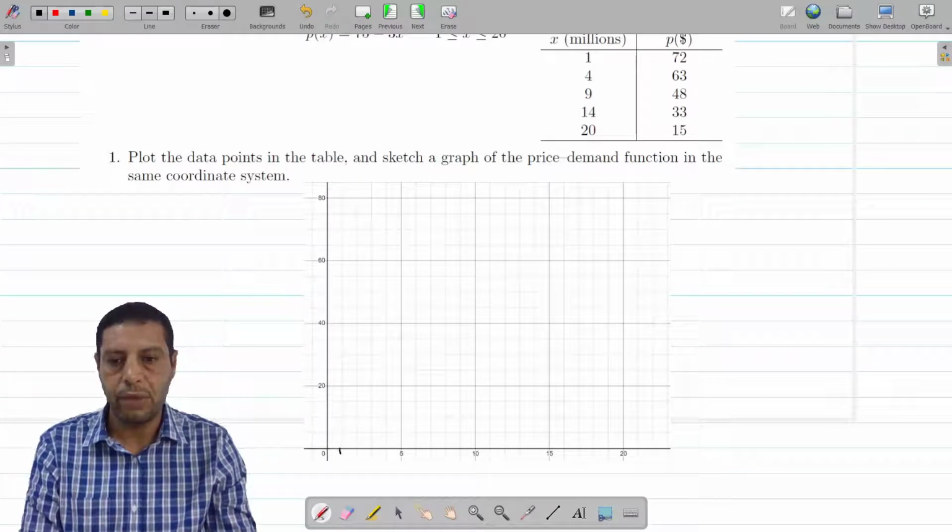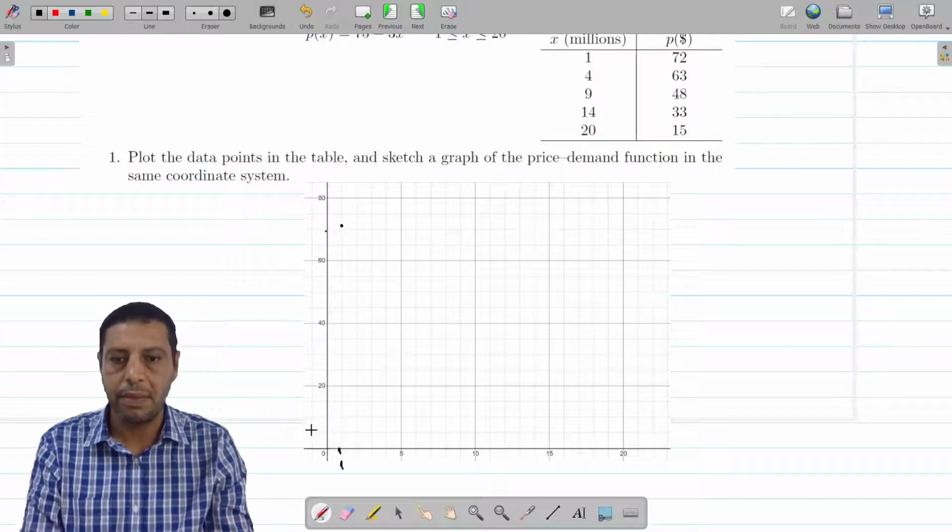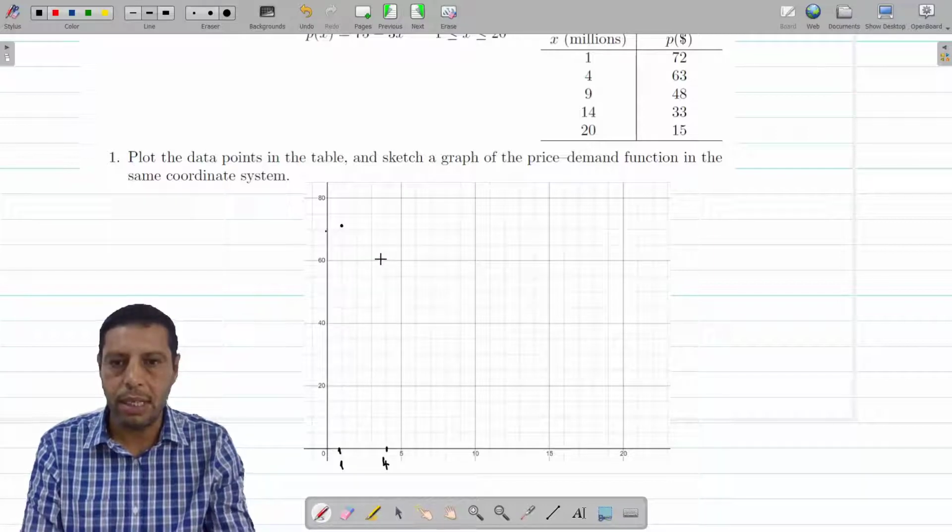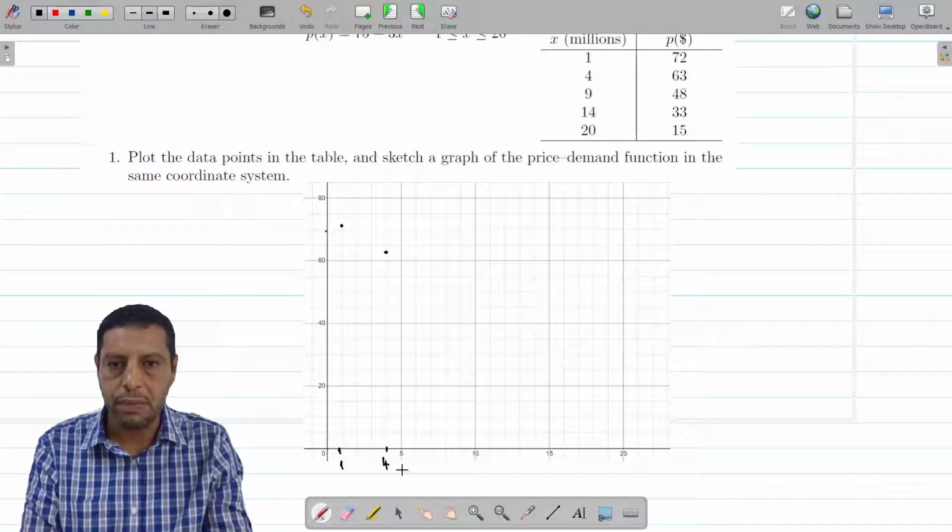The first one is (1, 72), which is around here. The second one is (4, 63), so 4 is here, and we have 63. It will be around this position.